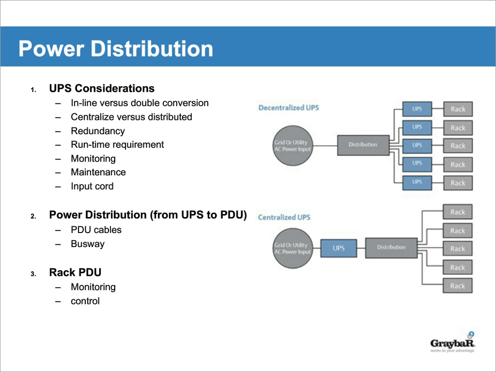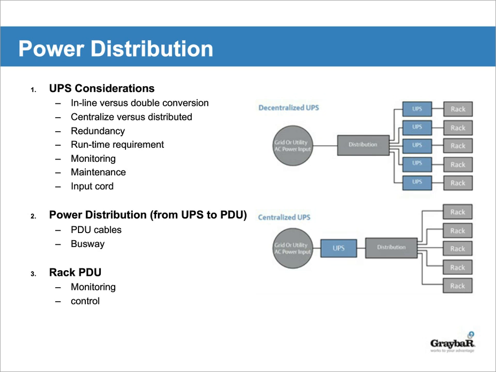But there's a couple of things, right? Inline UPS is a lot less efficient than a double conversion UPS. I am not a UPS expert, but the numbers I remember is the inline UPS is 70% efficient, and take that with a grain of salt. Double conversion UPS is 90% efficient, right?